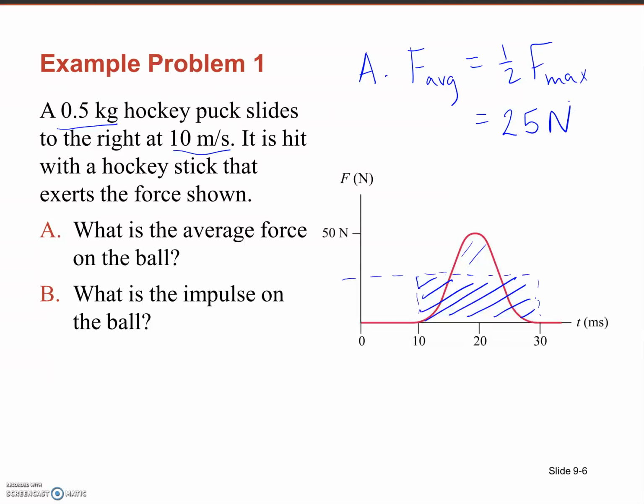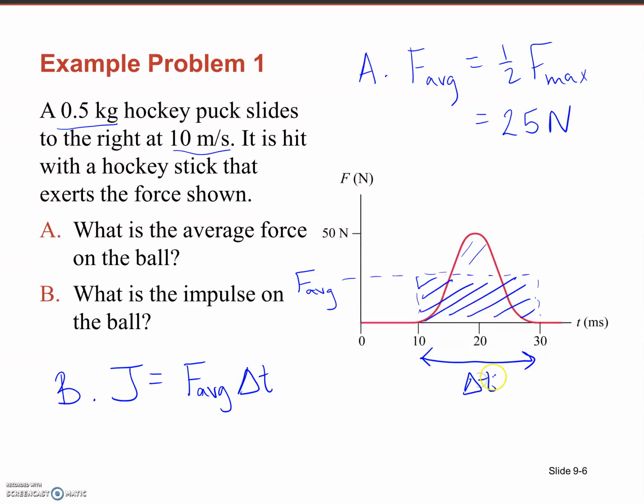Okay, so what is the impulse on the ball? Well, the impulse is simply J. The impulse is equal to the average force times the time duration. Here's our average force. Okay, here's our delta T. So our delta T is 30 minus 10, that's 20.